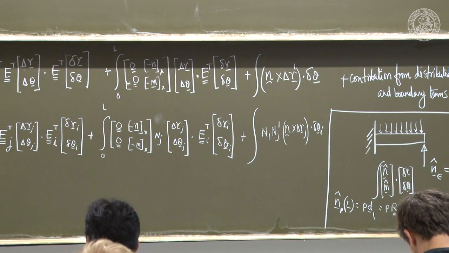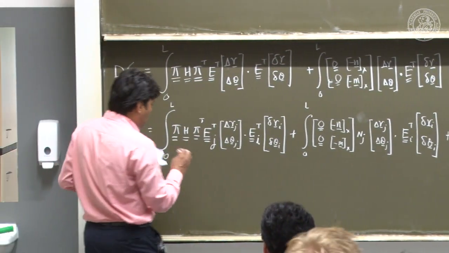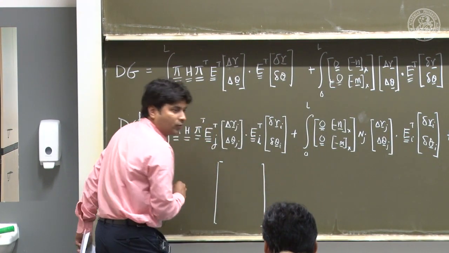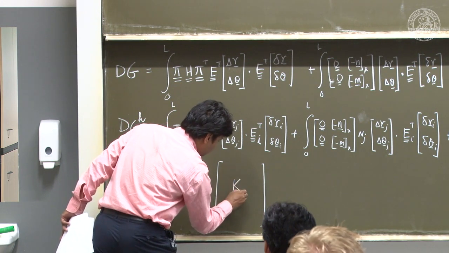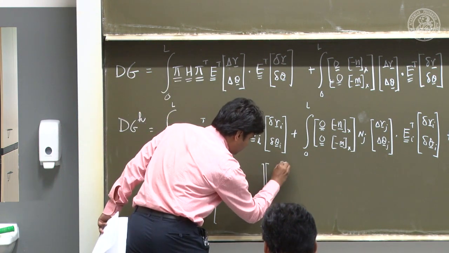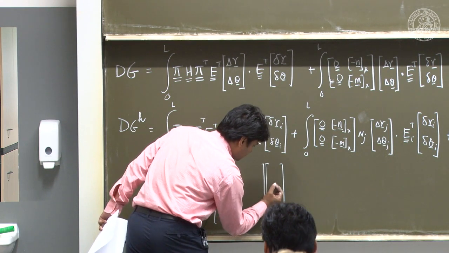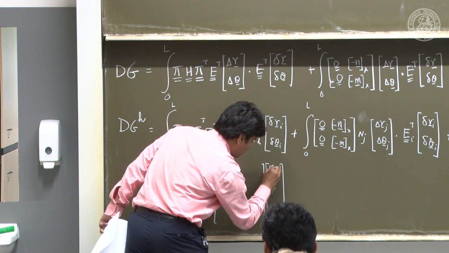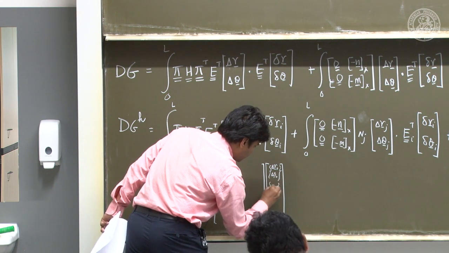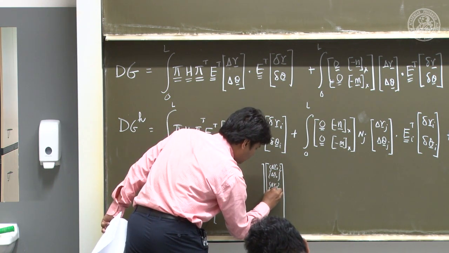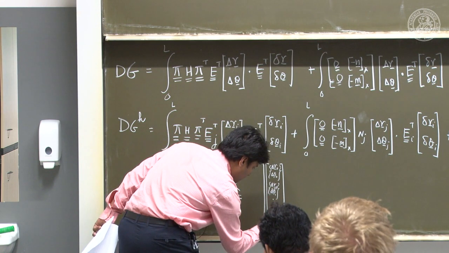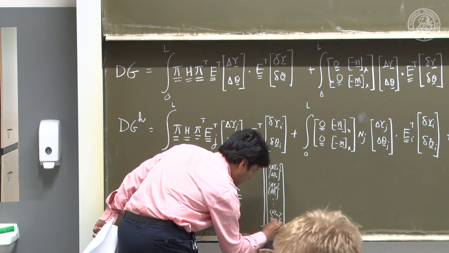And the goal here is that I would like to write this as some matrix, which I would call the stiffness matrix K, multiplied with the vector of increments delta, which will have the sub vectors delta little r_0, delta theta_0, delta little r_1, delta theta_1, going up to the last one, delta little r_n, delta theta_n.